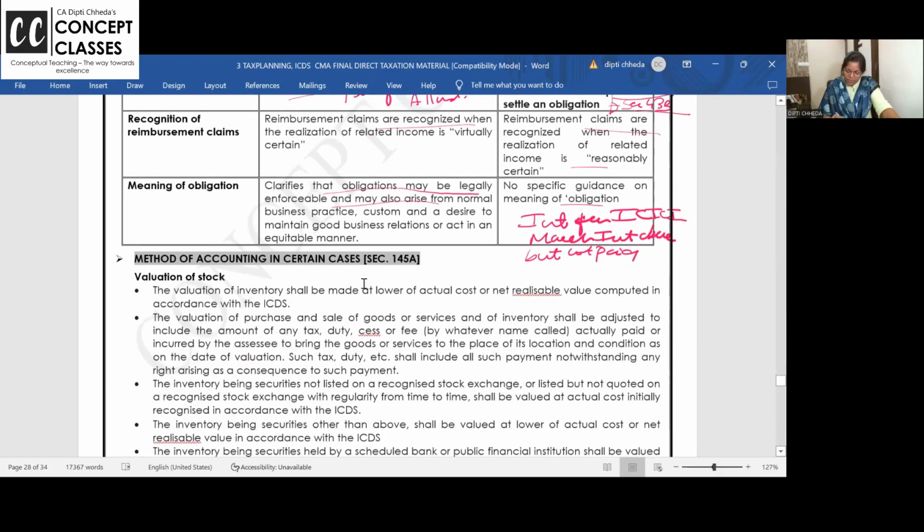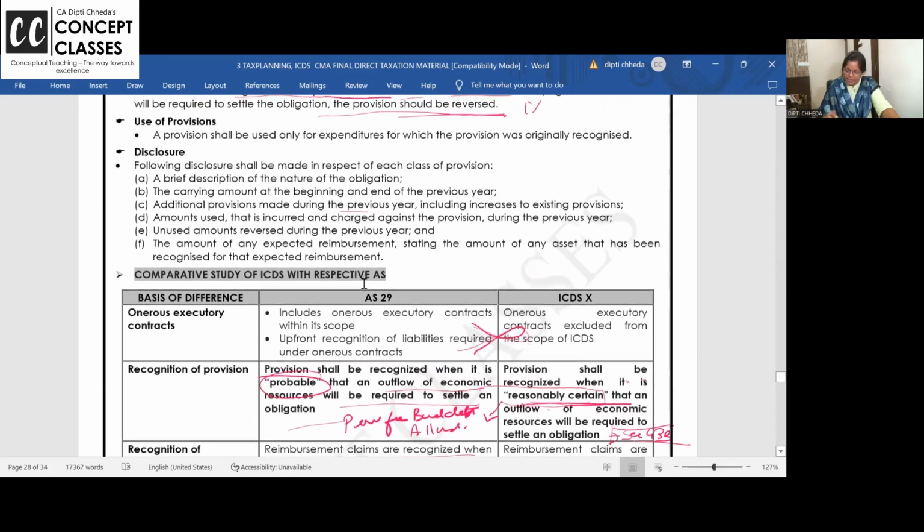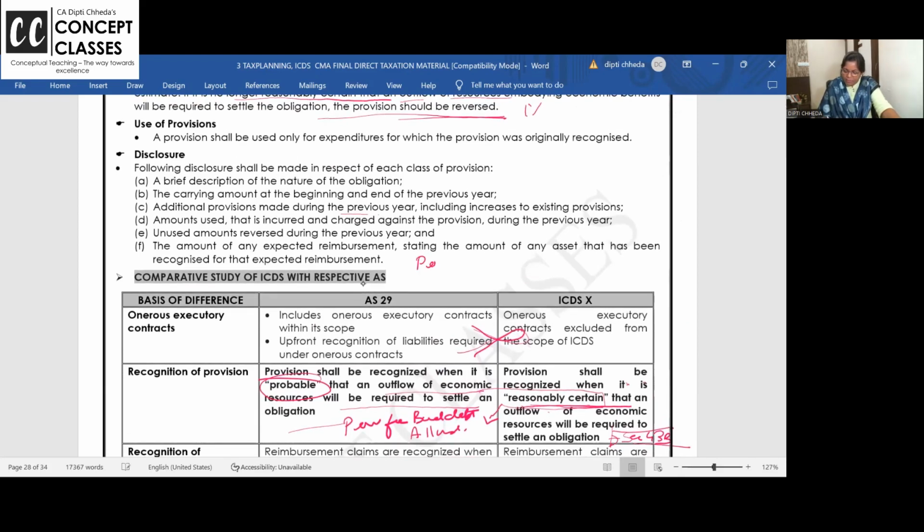One more thing, please write down somewhere here, wherever space is there. Provision for retirement benefits. Do you all know that there is accounting standard 15 and some Ind AS also for provision for retirement benefit? Because you are very sure you are going to give gratuity, provident fund, pension, VRS.